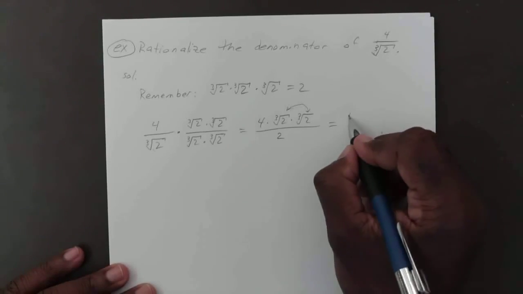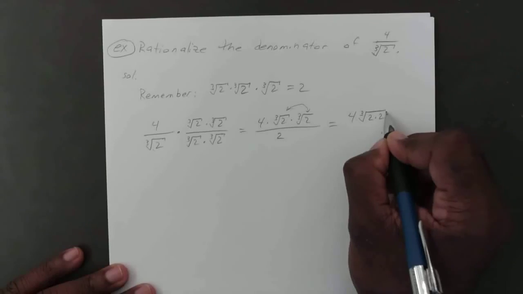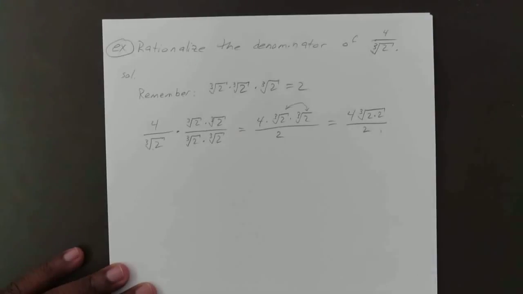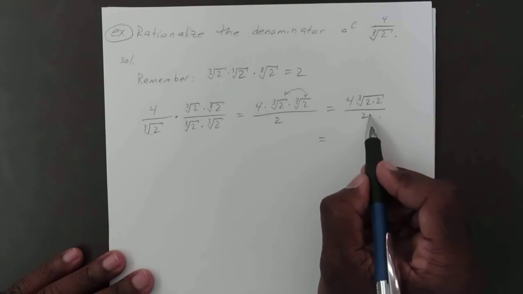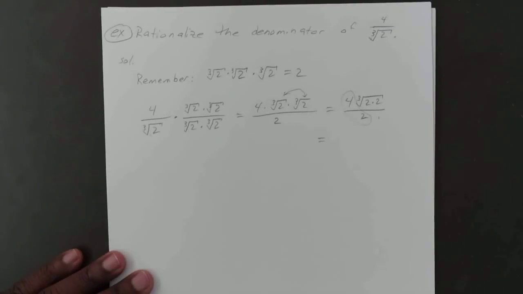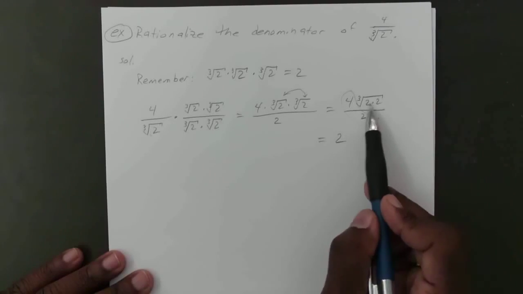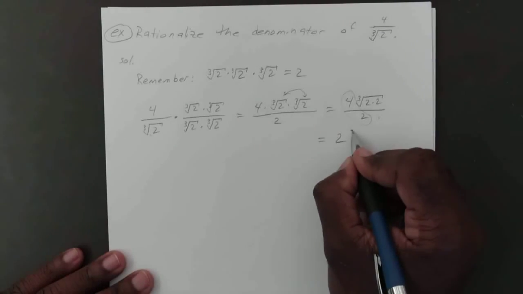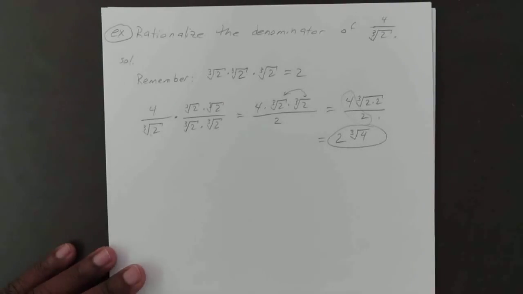So we'll end up with 4 times the cube root of 2 times 2 over 2, which turns out to be, if we simplify, 4 divided by 2 is 2. Cube root of 2 times 2 is 4. So 2 cube root of 4.